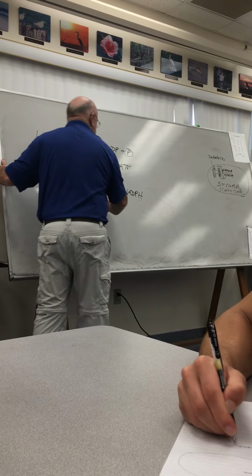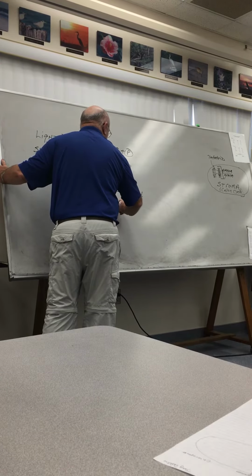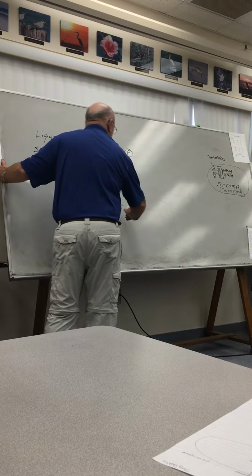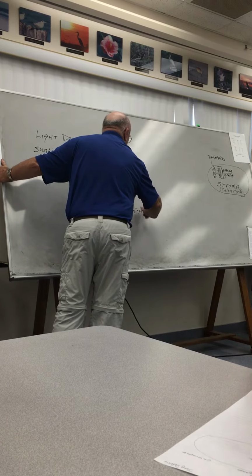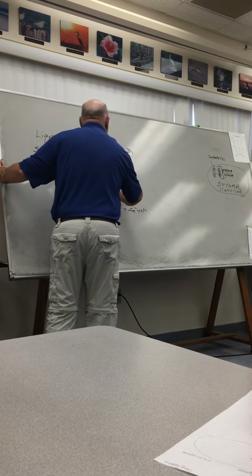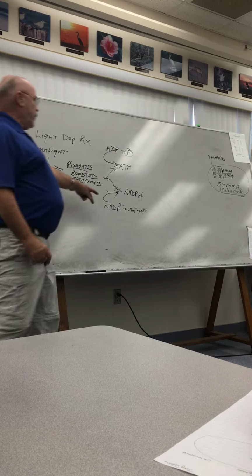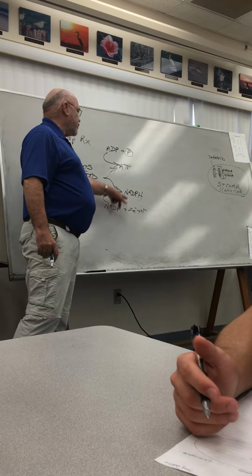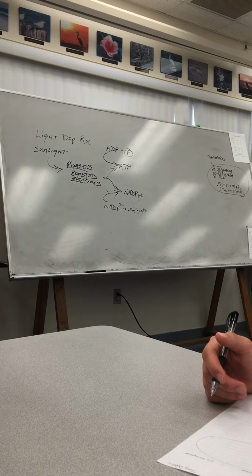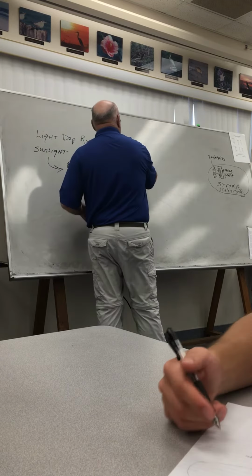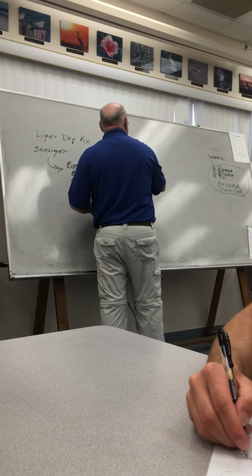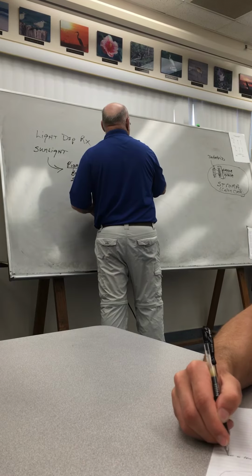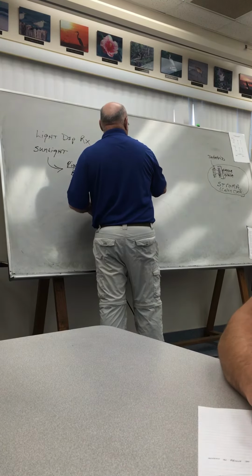And NADPH is an NADP plus molecule plus 2 electrons plus a hydrogen ion. And the energy from originally the sunlight is being used to put those 2 electrons and a hydrogen onto the NADP plus to make NADPH. So in both cases, this ATP and NADPH are the products of the light-dependent reaction. You don't get anything more from it than that.